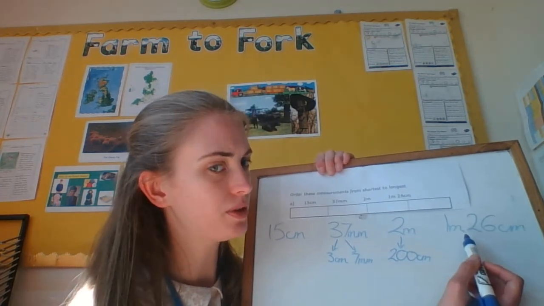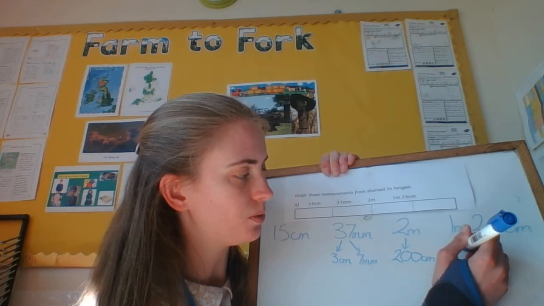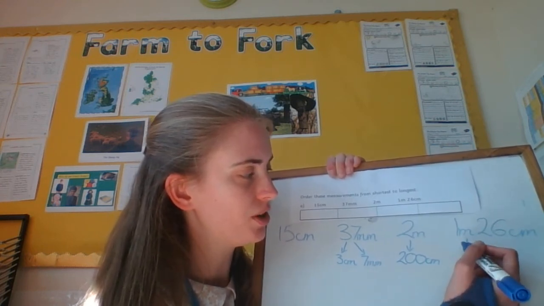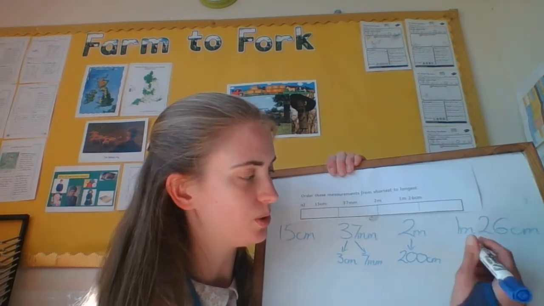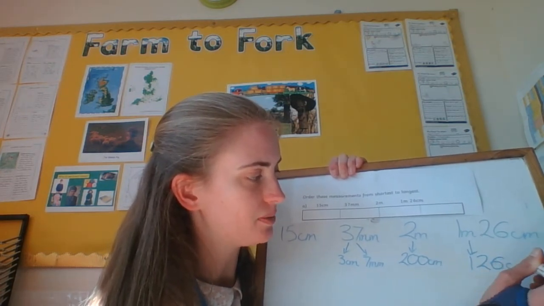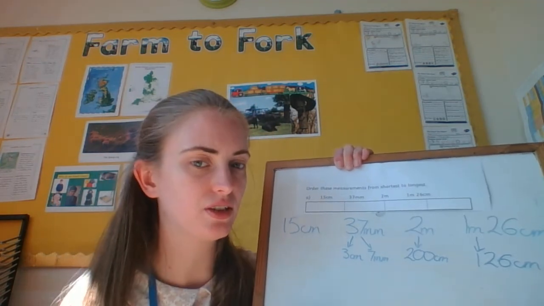And then I've got 1 metre and 26 centimetres. Now I know that 1 metre is 100 centimetres, so 126 more, 126 centimetres. So they are now all in centimetres.